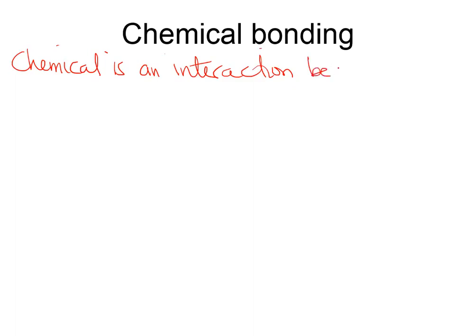So let's talk about now these chemical bonds. What does a chemical bond mean? So a chemical bond is an interaction between atoms.